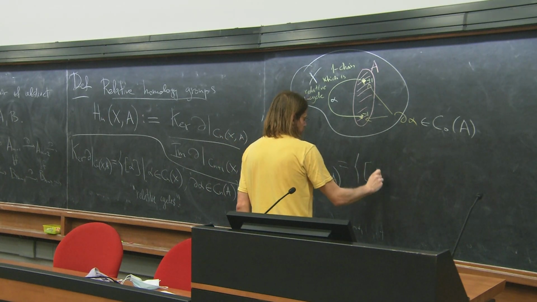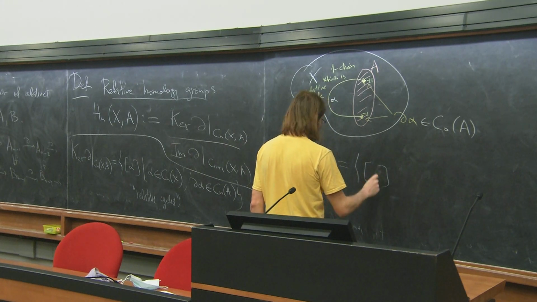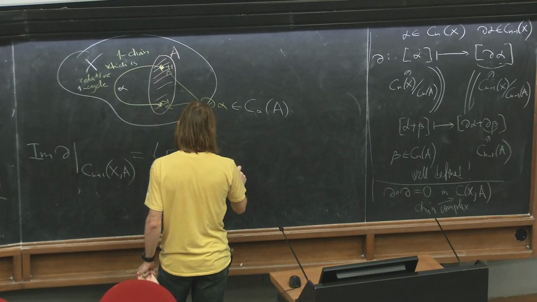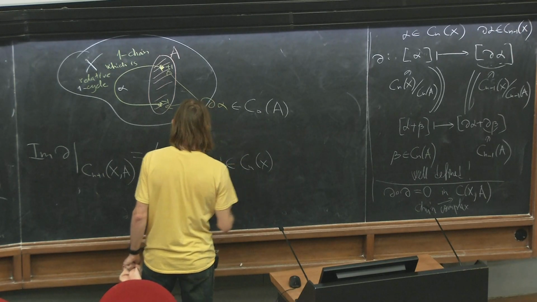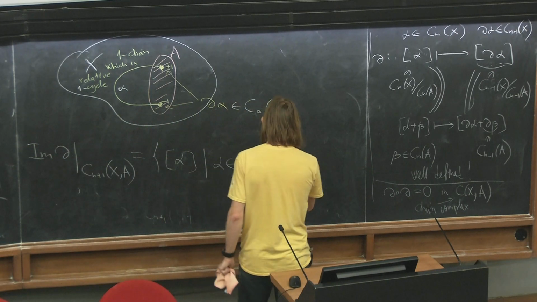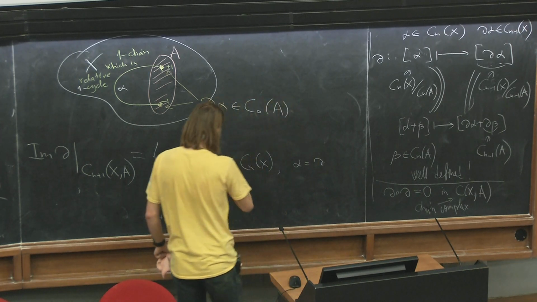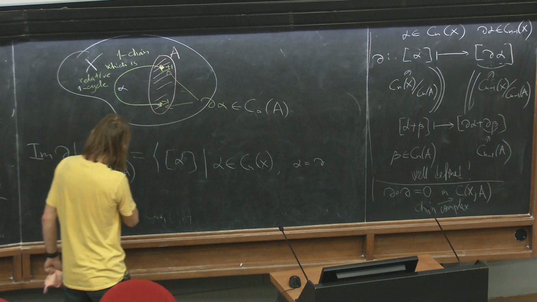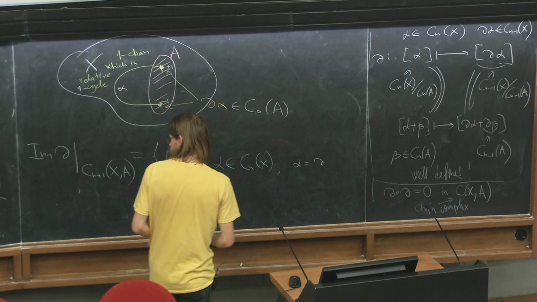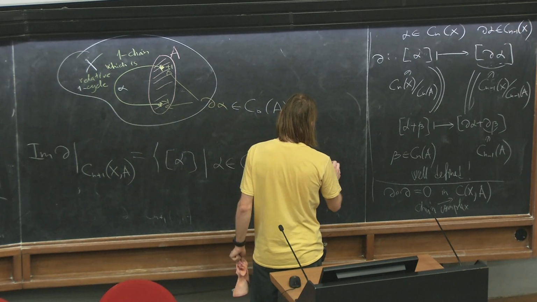These are represented by, let me take the same simple alpha in C_n of X. In the case of the usual image of d just acting on C_n of X, alpha would be required to be a d of some gamma.